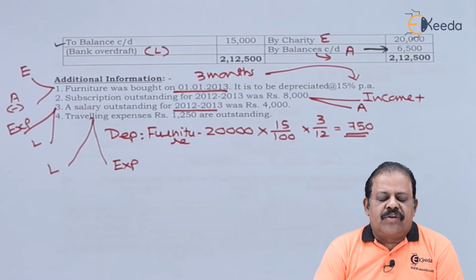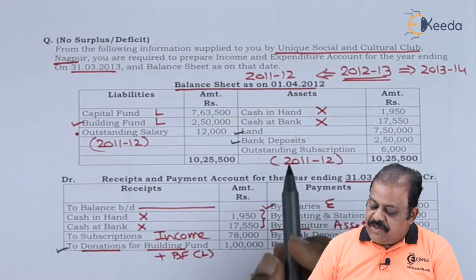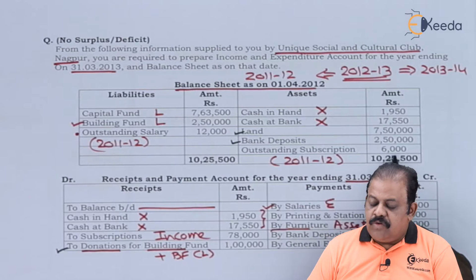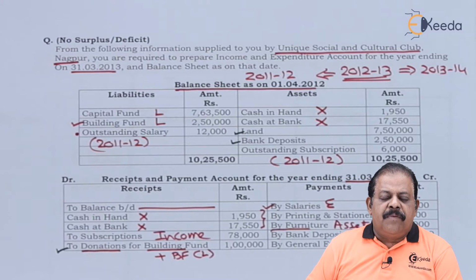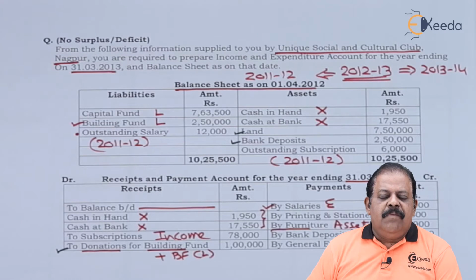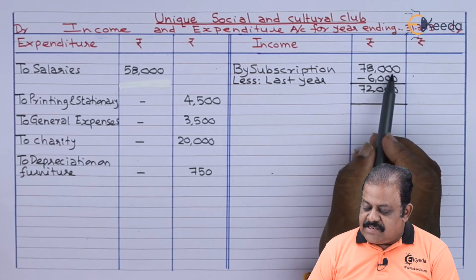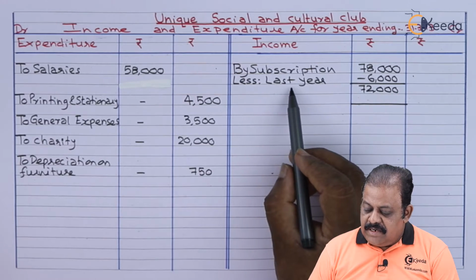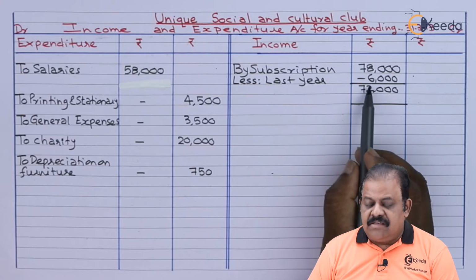Subscription outstanding for the year 2012-13 was rupees 8,000. This is outstanding for the current year. In the opening balance sheet, we have outstanding subscription rupees 6,000 for the previous year. This previous year 6,000 will be deducted from the subscription received during the current year. Subscription received 78,000, of which 6,000 is received for the last year.